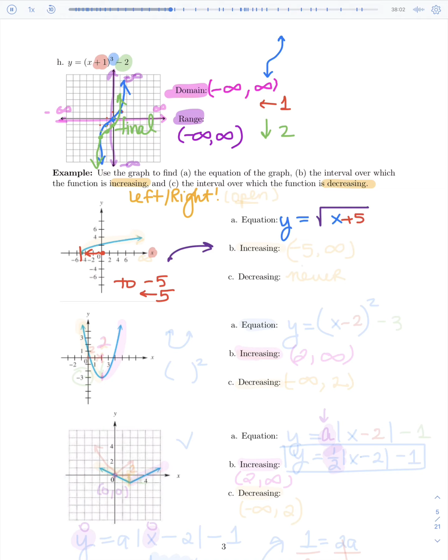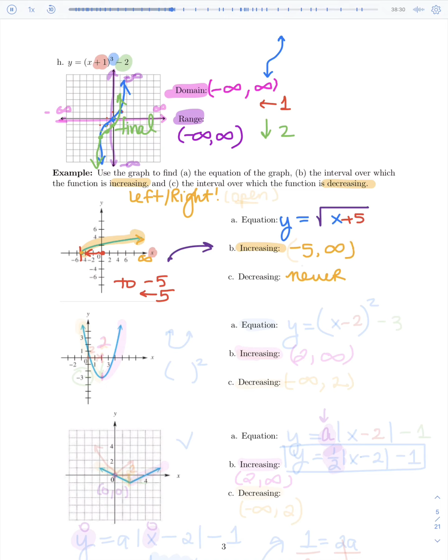Okay. Well, if we look at our graph from left to right and trace it, our graph is always going up, which means we're always increasing. We are never decreasing on this one. Where does it start? Well, going left to right, it starts where the graph starts here at -5 and does continue off to the right forever towards positive infinity.